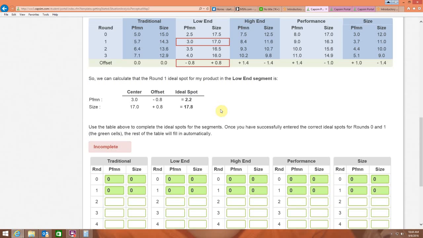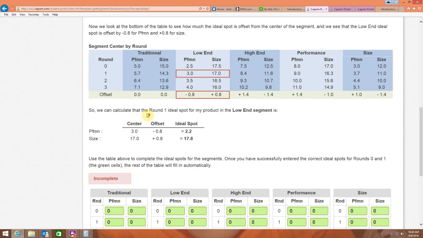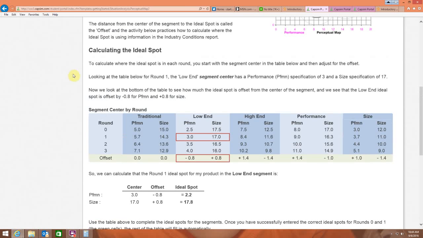So this asks us to go ahead and calculate ideal spots, and we find out, for example, now we look at the table at the bottom. Look at the bottom of the table, see how much the ideal spot, low end segment, right? It has a performance specification of 3 and a size specification of 17 for the first round.